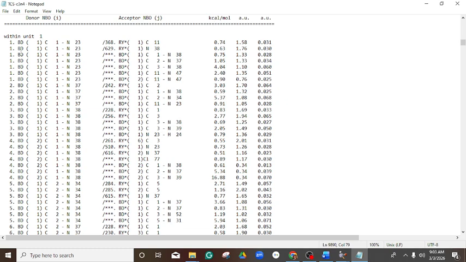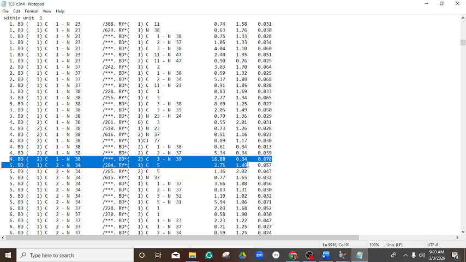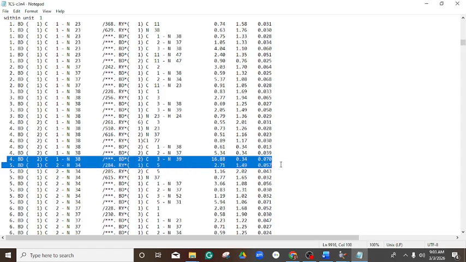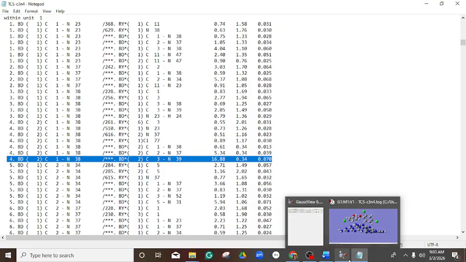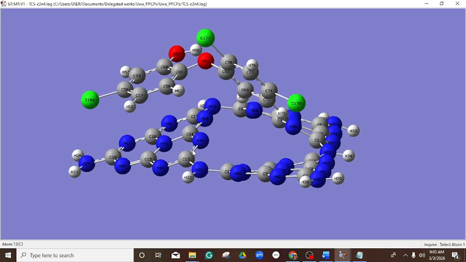So we start. We have BD, keep scrolling. So now we come across this. We have C1 N38, C3 N39. So this is just basically telling us, if you go back to check your gas view, where is C1?